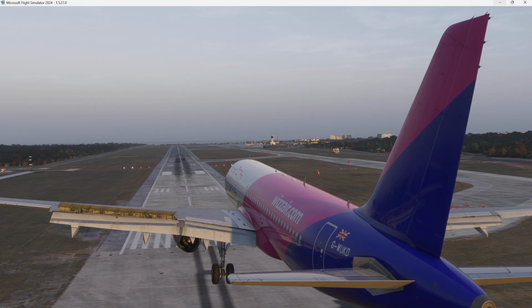Well, as a PPL student, I fly light aircraft, so I prefer to take off just before the point from where the aircraft took off, because at that point the aircraft just left a great amount of wake turbulence.